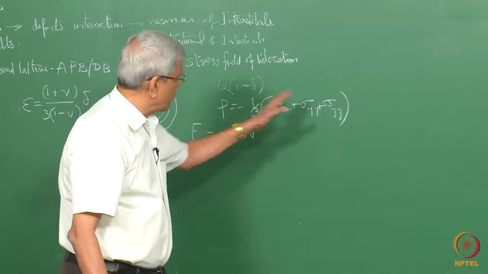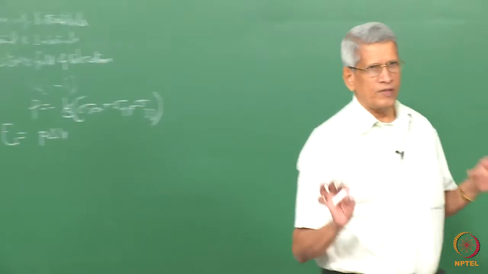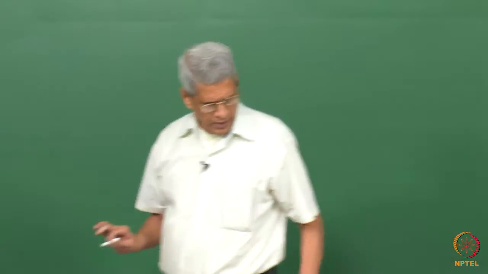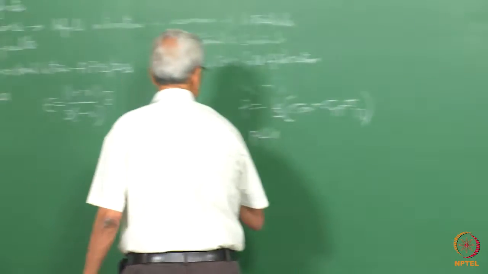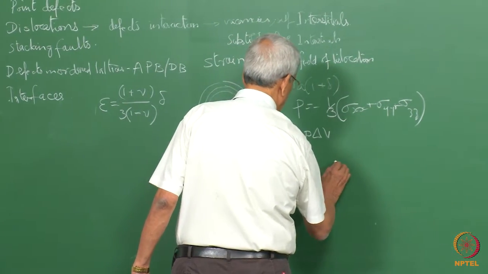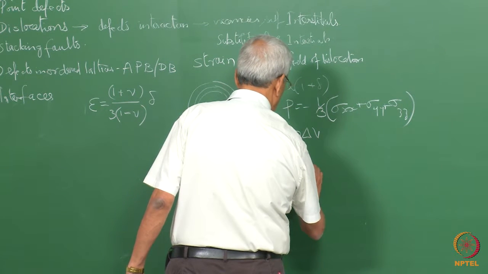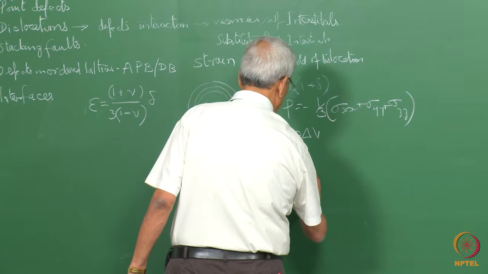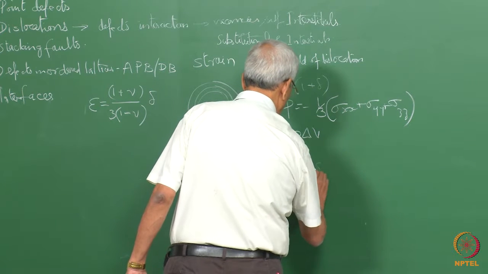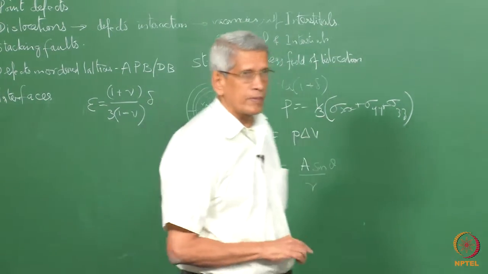Okay, if you do a substitution and find out what is the net change, this will turn out to be some terms. A constant I will put, and sin theta will come.